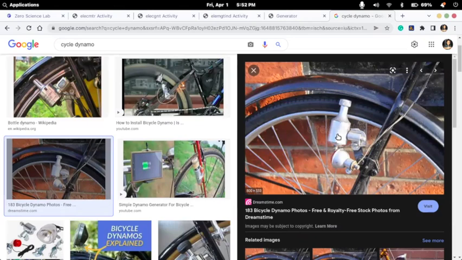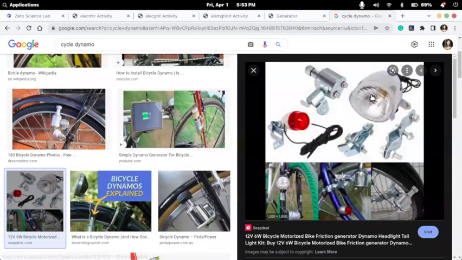We used to have a cycle fitted with a dynamo. This is the bulb, right? Sometimes that bulb will be like this one, a headlamp. On the front handlebar we used to fit this bulb, and then this is the dynamo. This is fitted to that tire.